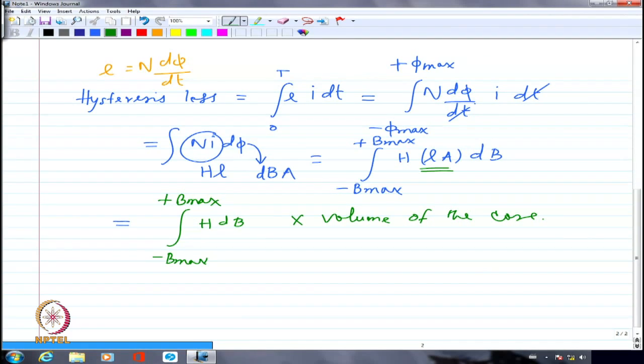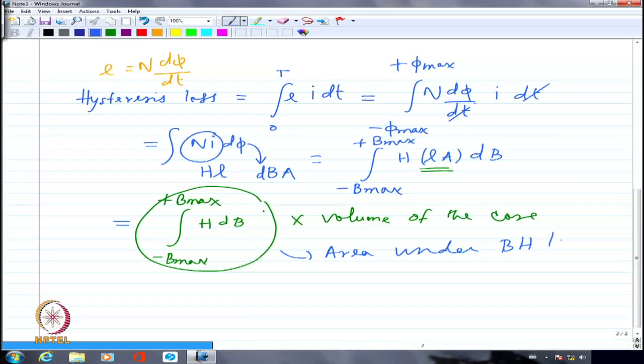So this integral H dB, whatever we have written here, is the area under the BH loop. So the hysteresis loss is given by the area under the BH loop, but I have to make sure that the flux density is plotted in Tesla, and H is plotted in ampere per meter.